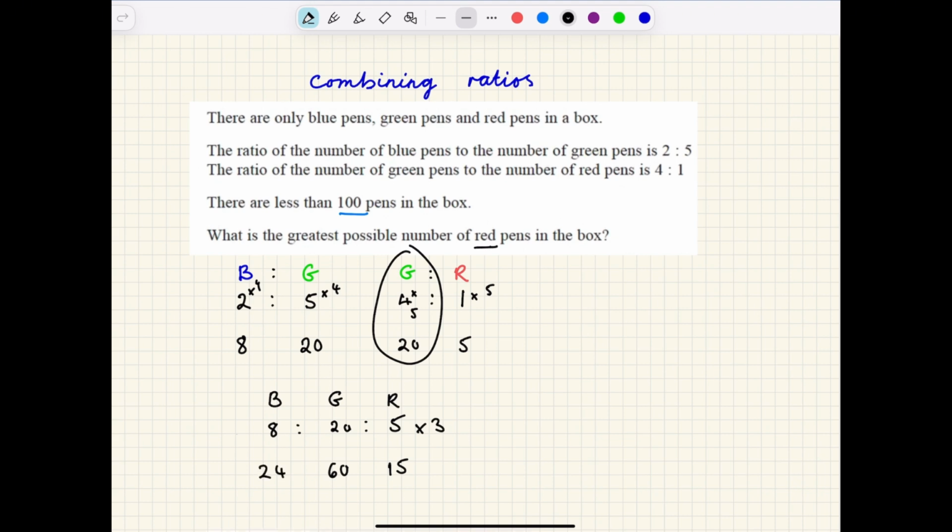Now, there are less than 100 pens in the box, so if I now add these numbers and check how far I am away from 100, 4 and 5 is 9, 2 and 6 is 8, add 1 is 9. I'm really close. I can't go any further, which means the greatest number of red pens in the box would actually be 15.